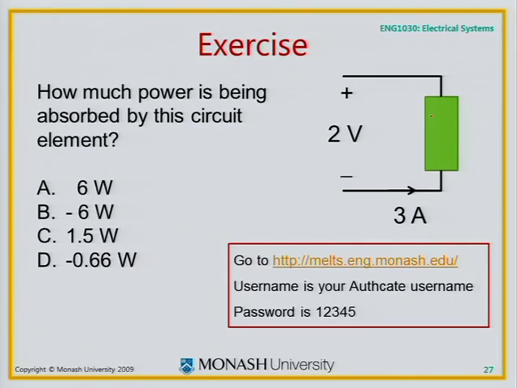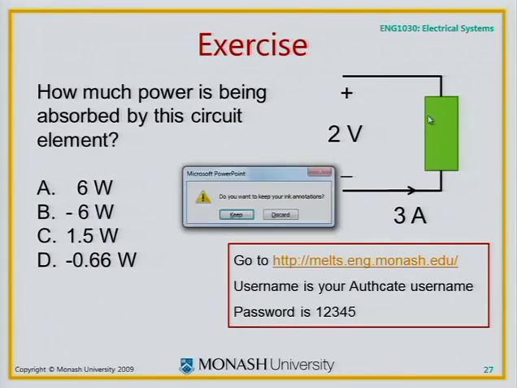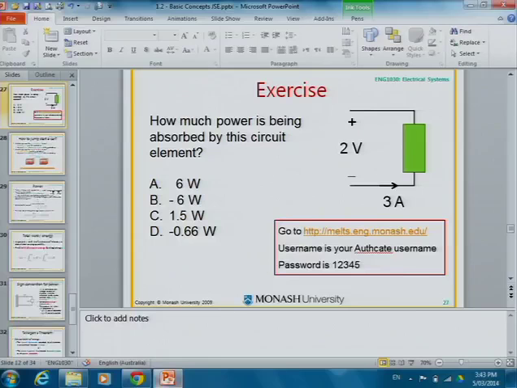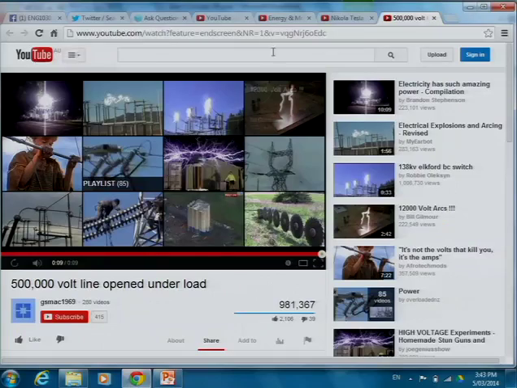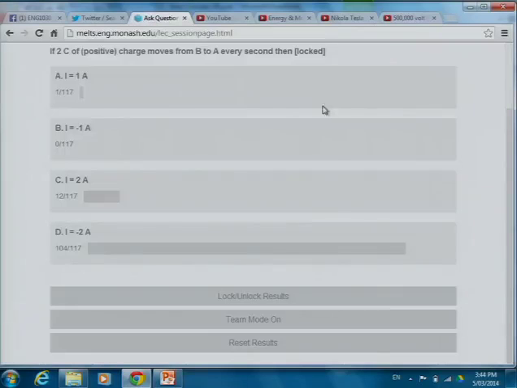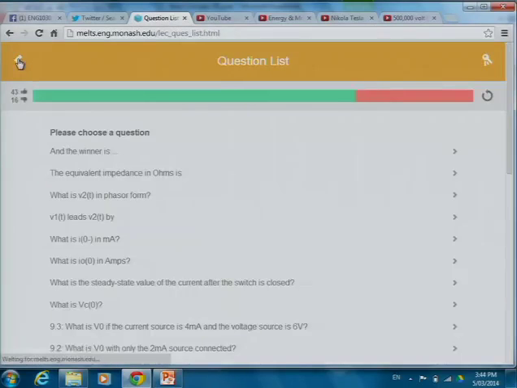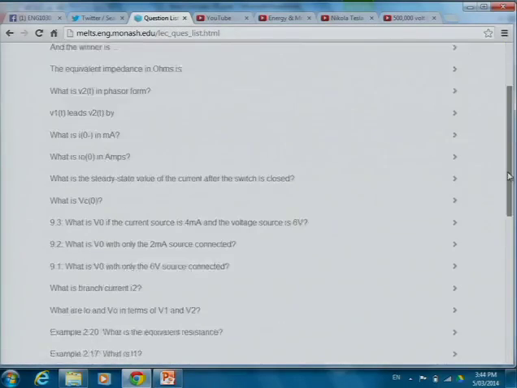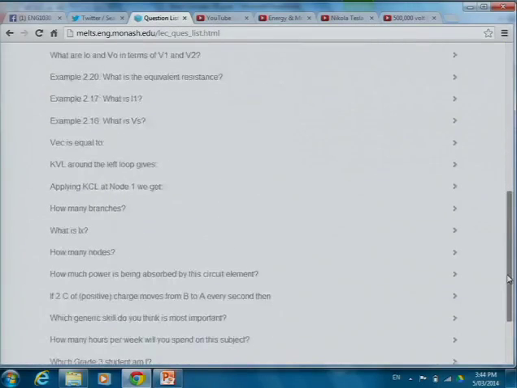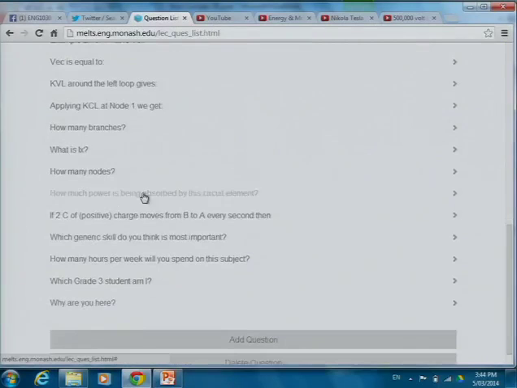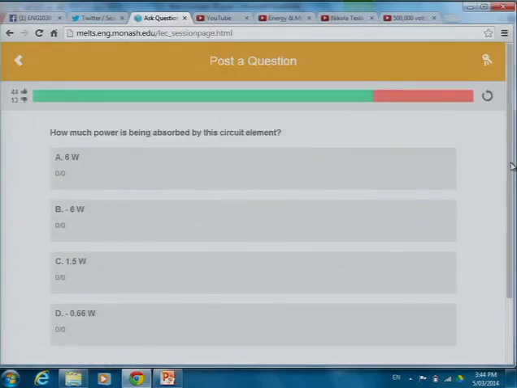So I'll jump up and do this question. How much power is being absorbed by this circuit element under those conditions? It's a good time just to catch your breath, have a think. I'll open the question up. Not locked.